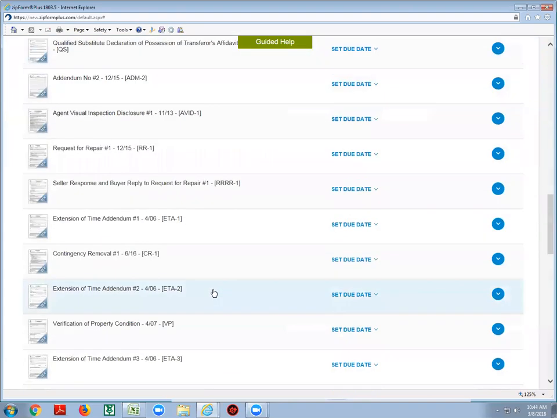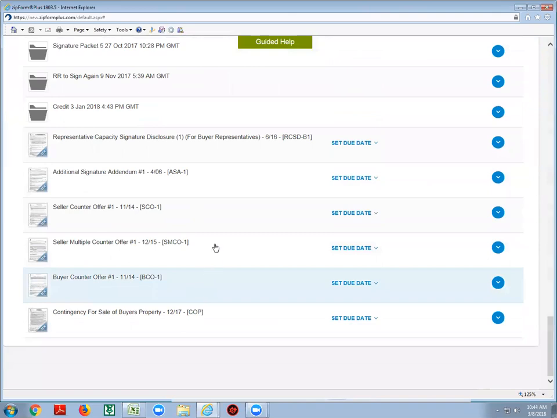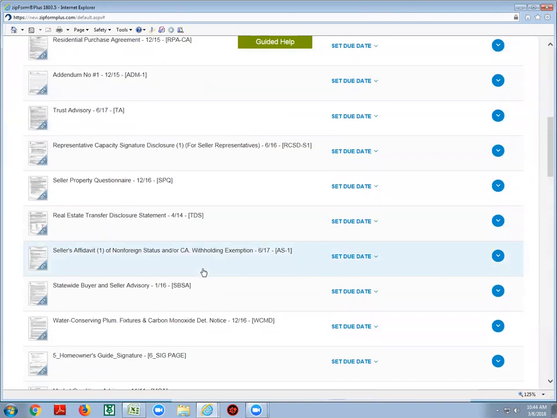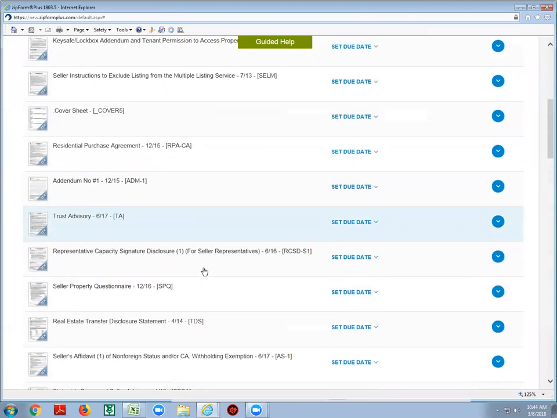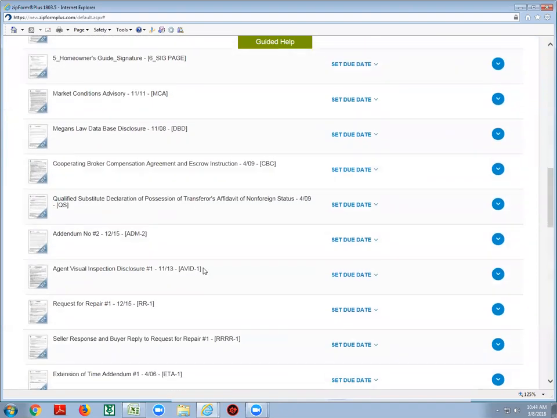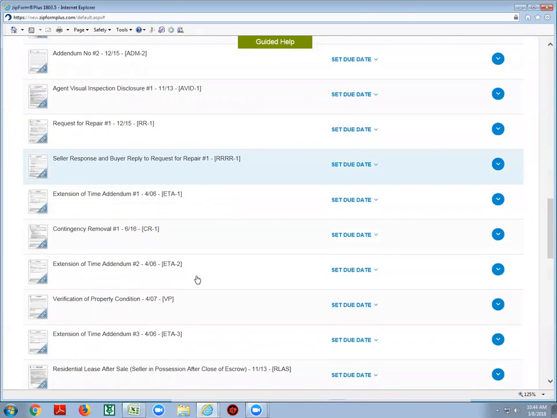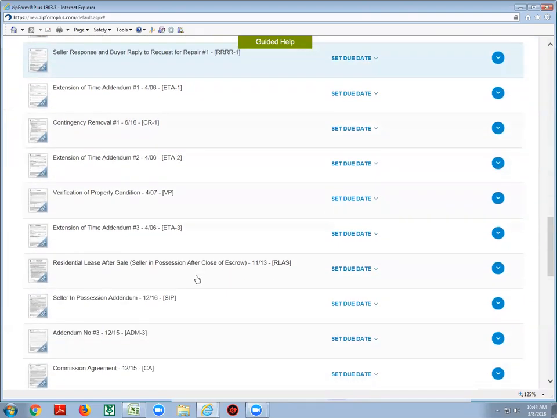SIP, seller in possession, are two different forms. I'll show you which form you should use for a rent back within 30 days. Seller in possession is for more than 30 days, and residential lease after sale. I'll just go with seller in possession.